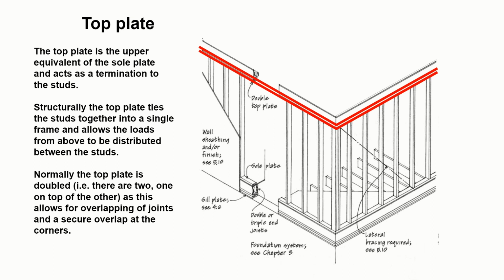Normally the top plate is doubled, so you would have two of them, and you would overlap the joints, especially at corners where it might be quite difficult to tie those together, but the two top plates would allow a corner junction to be formed where one sits on top of the other.